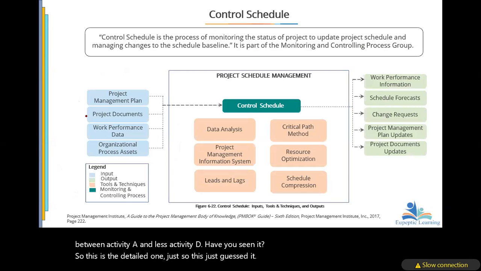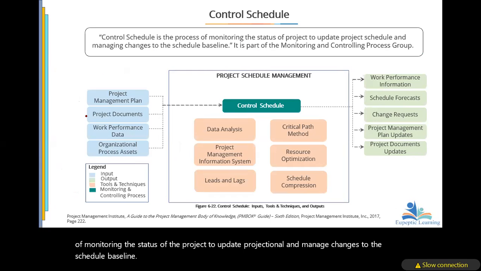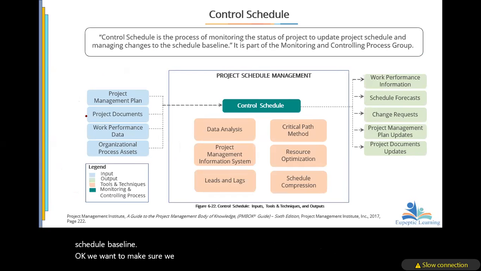So control schedule. All that we are doing is monitoring the status of the project to update the project schedule and manage changes to the schedule baseline. We want to make sure we work within the schedule. What are the inputs? The project management plan, project documents, work performance data.